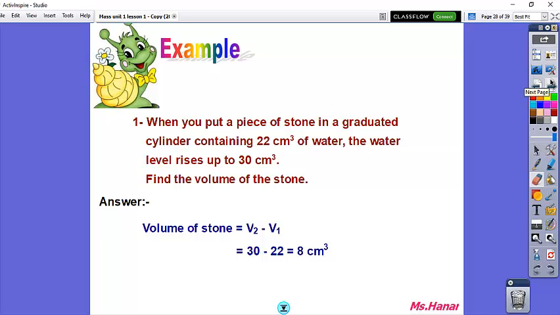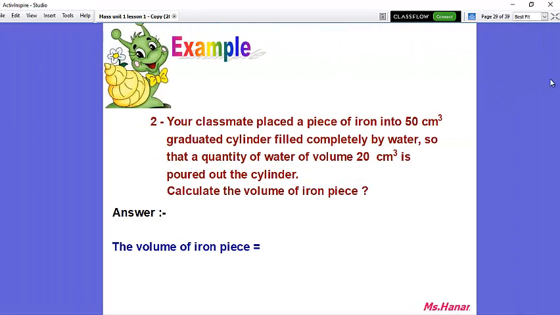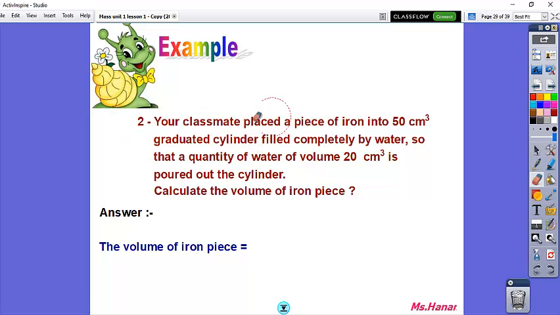Another example: your classmate placed a piece of iron into a 50 cubic centimeter graduated cylinder. The graduated cylinder is filled completely by water, so a quantity of water equal to 20 cubic centimeter poured out of the cylinder. Calculate the volume of the iron piece.